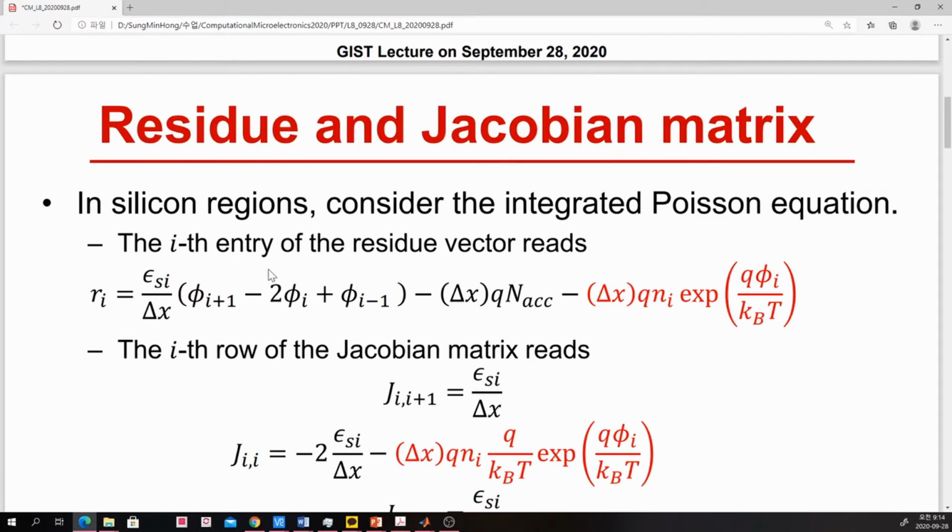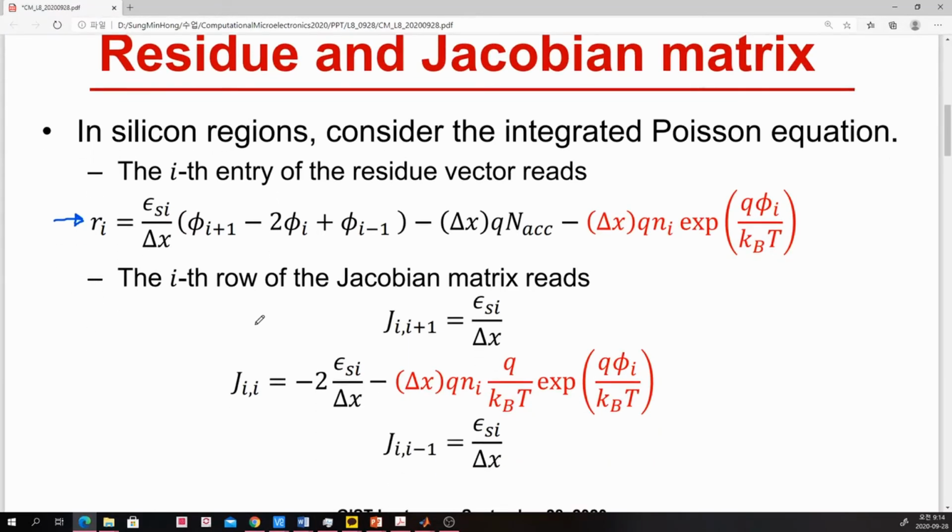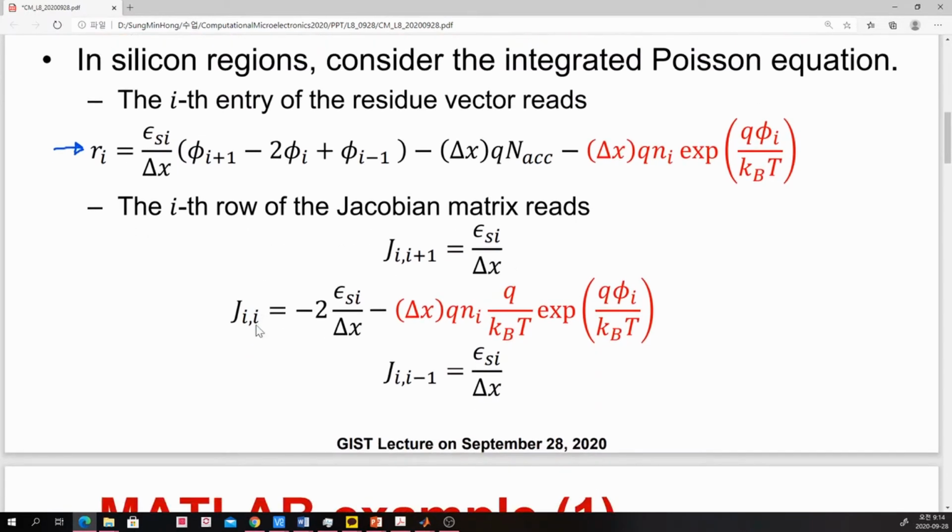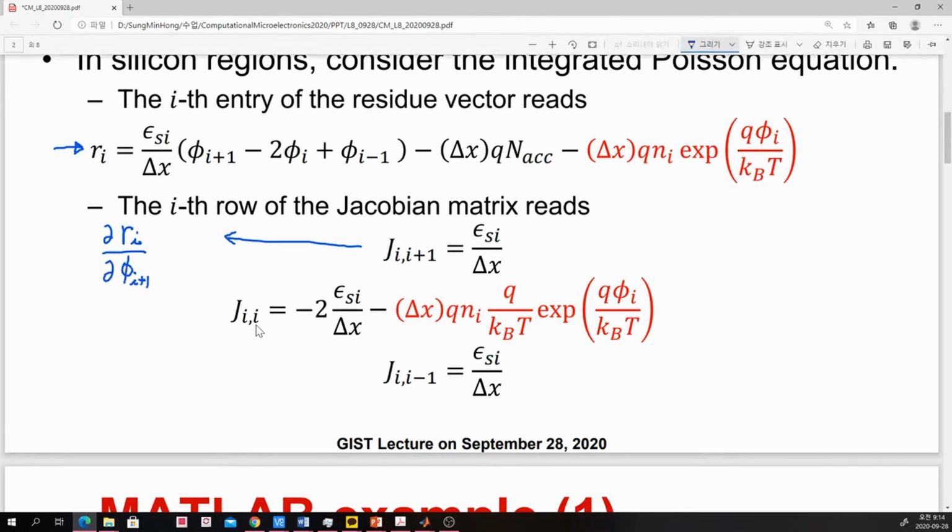Okay, since we now have the residue vector written here, we can easily construct the Jacobian matrix. The component of the Jacobian matrix is quite easily obtained by taking, for example, this J_{i,i+1} term, which is given by the partial derivative of R_i with respect to phi_{i+1}.